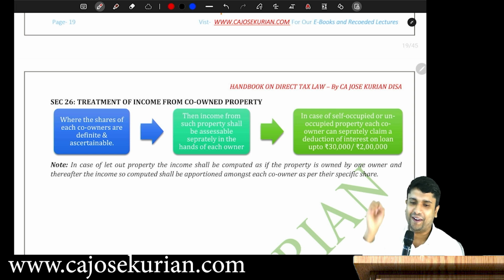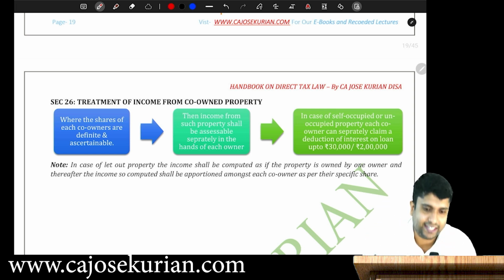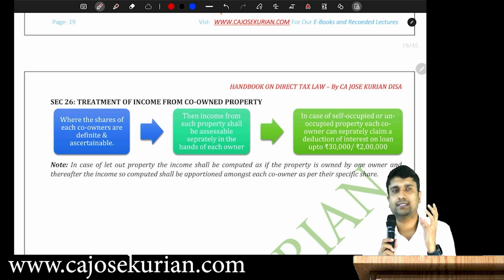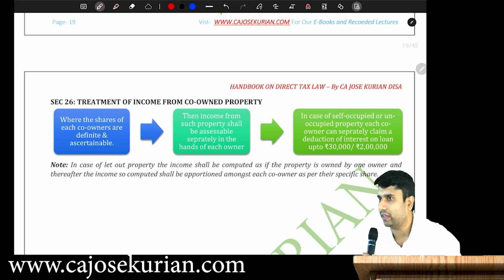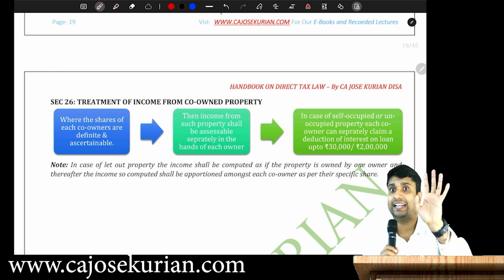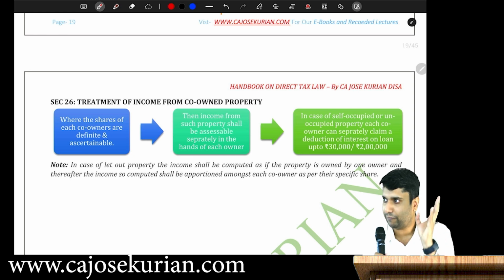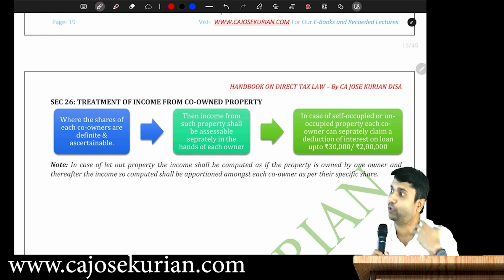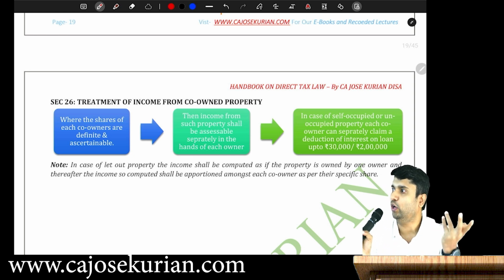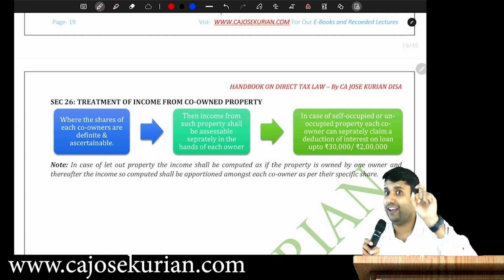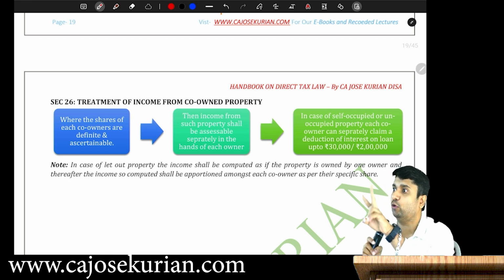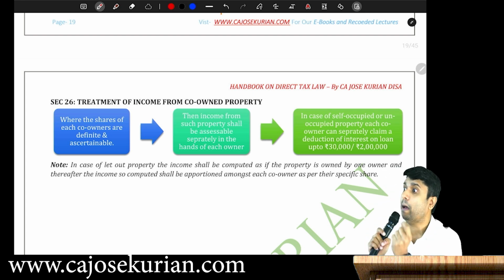All right. So listen, say I have a property and it is co-owned. I am the owner and my wife is the co-owner. Are you all with me? Then the greatest advantage is, if it is a self-occupied property, I can claim up to 2 lakh and my wife can claim up to 2 lakh. It is always per person. That ceiling limit of 2 lakh or 30,000 is per person.